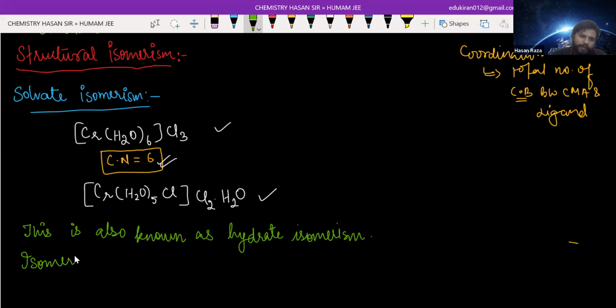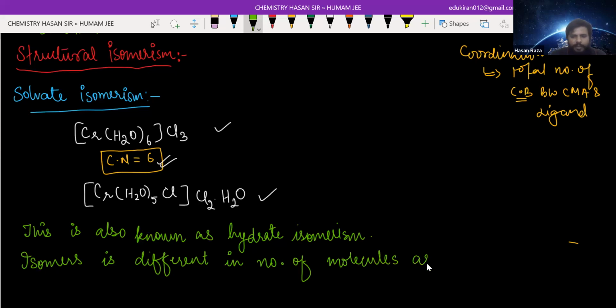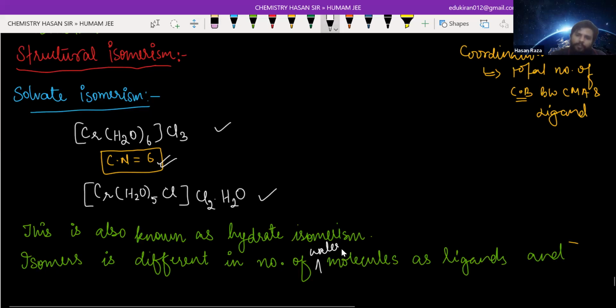How can we explain it? Isomers differ in the number of molecules as ligands, in the number of water molecules basically.